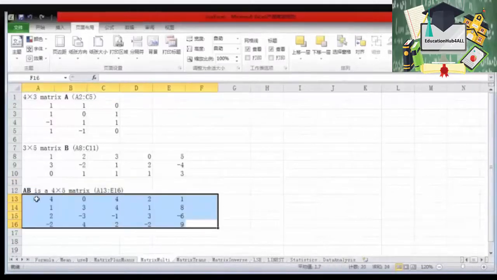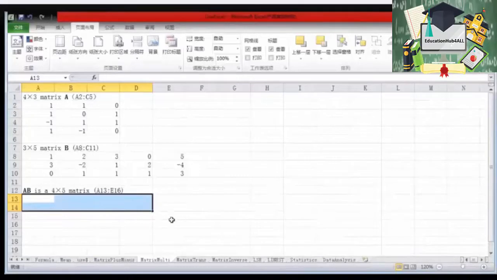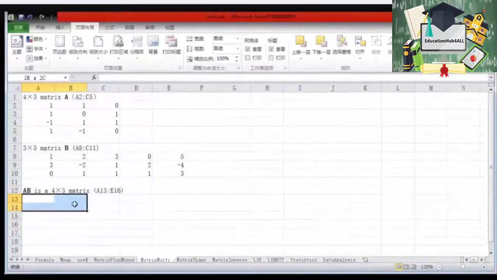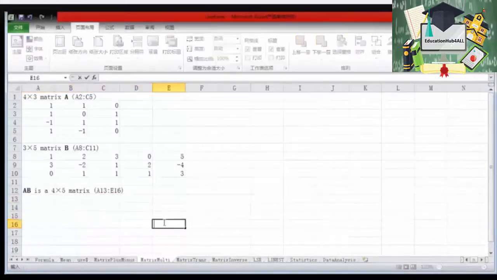So we need to select that area. So I remove this. I select 4 rows and 5 columns.